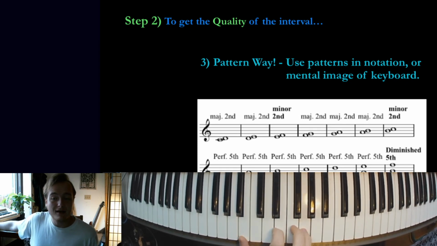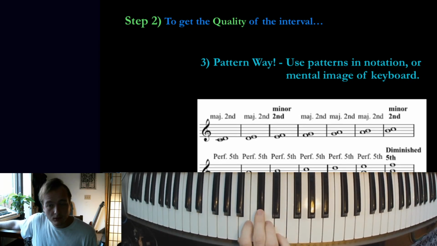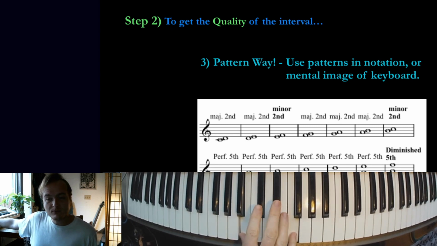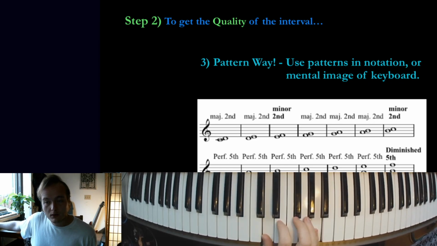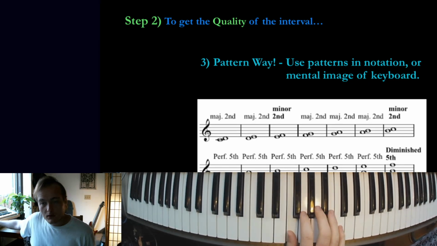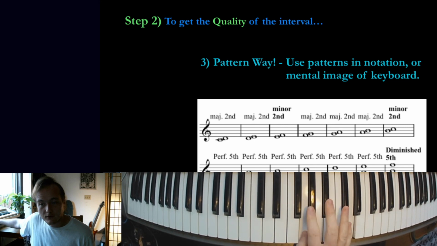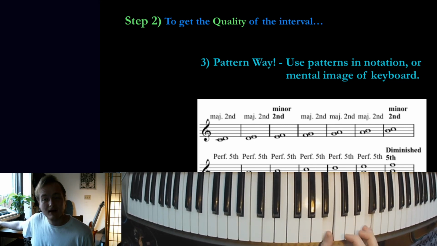But between B and F is only 6 half steps. It's just a tritone. And the reason is because, look, there's only 2 black notes in between here. But every other fifth has 3 black notes in there. Until I'm at B and F again, and then it's just 2.